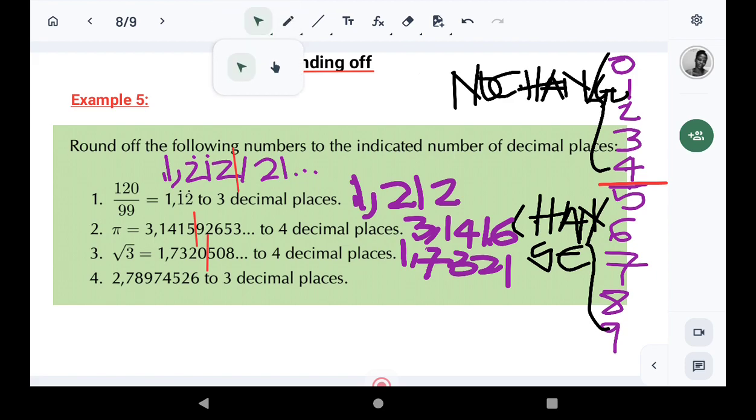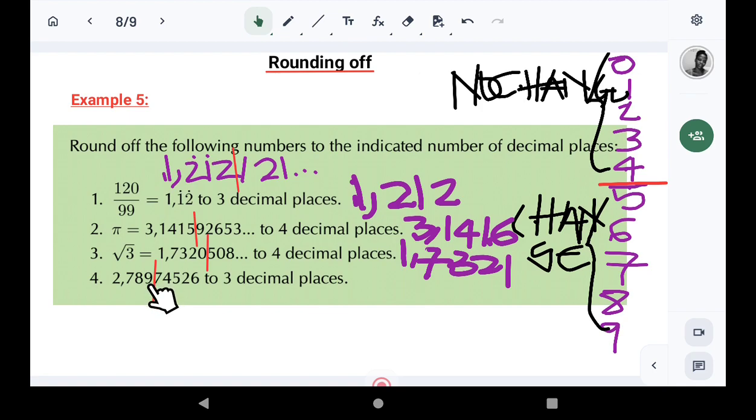Last number, correct to 3 decimals. 1, 2, 3. Chop off after the third one. Now the digit after the chop is 7. 7 falls under the change zone. And since we've got a 9 here, it will become 0 instead of any other number, because we can't write a full 10.